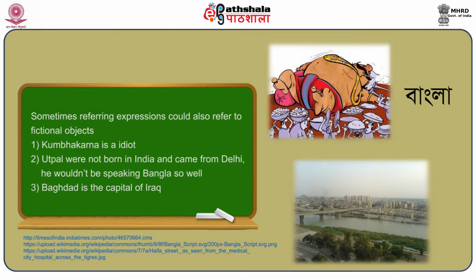Now, this sentence in 7 makes perfect sense and could be taken to be true even in many circumstances in which 3 is true, 3 being the sentence that Utpal was born in Calcutta, and yet we have a sense that Utpal refers to the same object in both sentences.